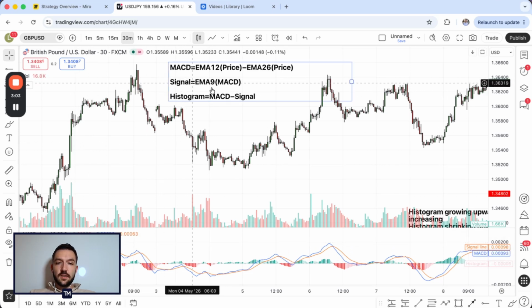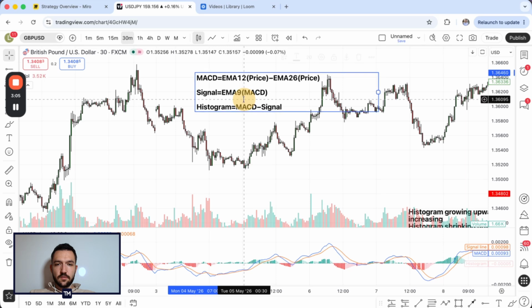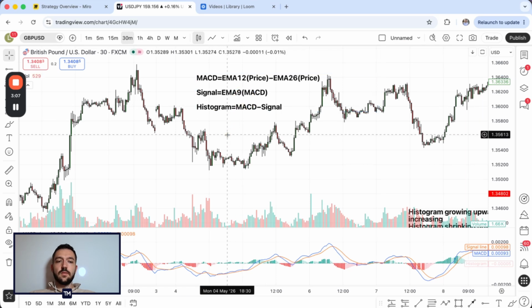But how are these calculated? I have it written right here. So as I said, MACD is short for moving average convergence divergence. I'm just trying to say crossover all the time. So that means that back there it's using moving averages for its calculations.